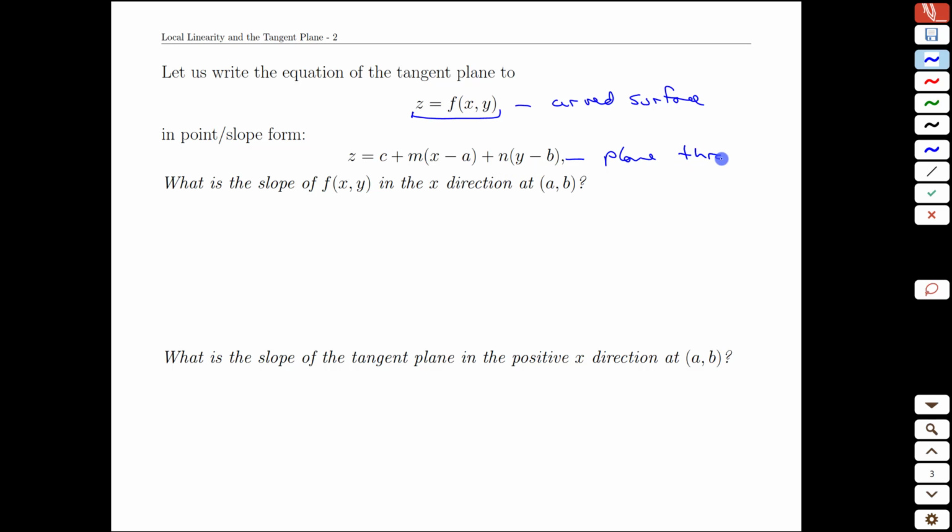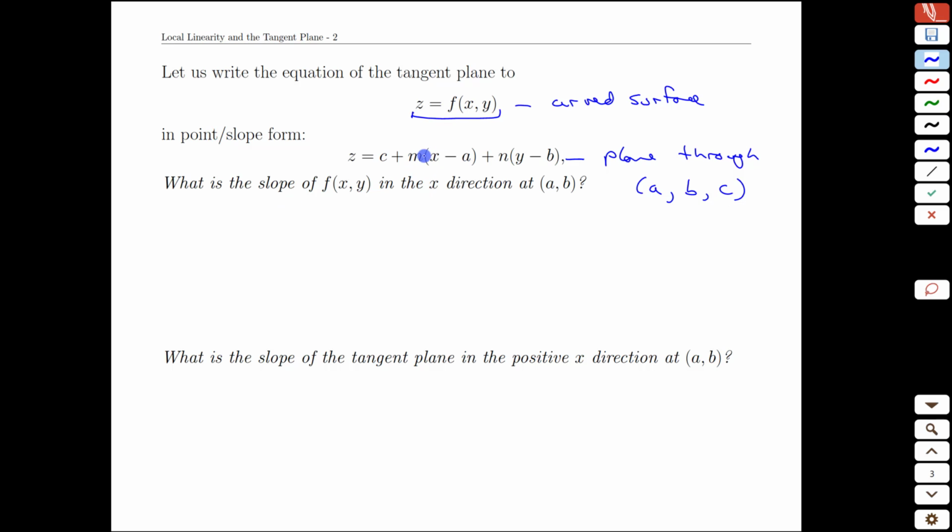And this, of course, goes through the point a and b. If x is a and y is b, we're actually going to have a c value for the z coordinate. So this is a plane through the point a, b, and z value c.